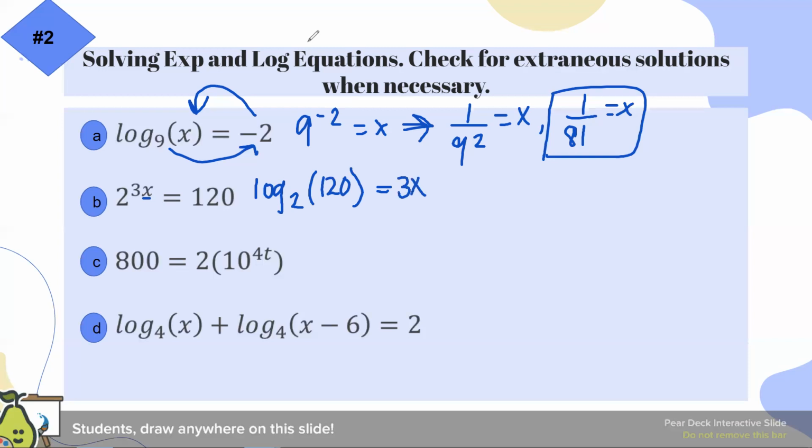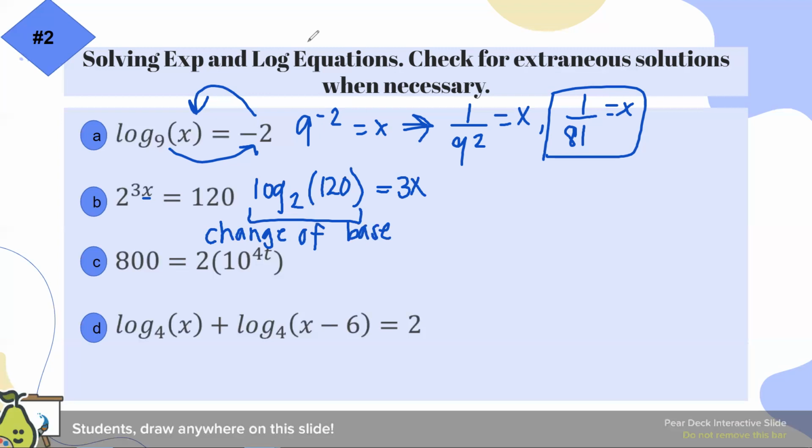Now that we have this, we have 3x is equal to something, and it's pretty close to solving for x. So what we're going to need to do here is put this argument, log base 2 of 120, into the change of base formula. The reason we need change of base is because most calculators won't actually tell you what this number is equal to. Log base 2 of 120 is equivalent to some numerical value.